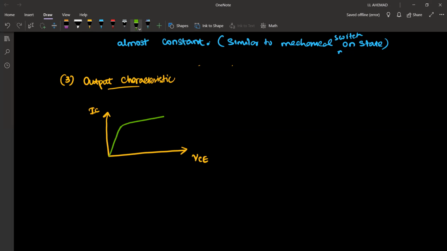It also increases first. After that, there is a very slight increase. It remains almost constant. To obtain this graph, we must keep IB constant. For a constant value of IB, we get this graph.